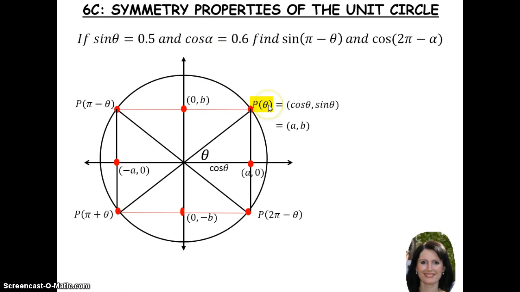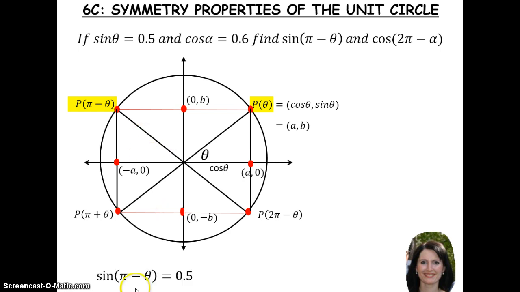Here we have point theta, where we have our value of cos theta and sine theta being our x and y values respectively. Now, when we move over to pi minus theta, that's over here, highlighted there. It's pi minus theta, as we said, because pi is all the way around to the halfway mark, and then theta would be in here, and we're subtracting that, so we get this angle here.